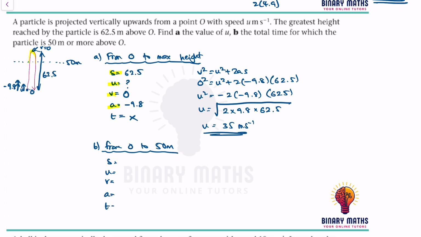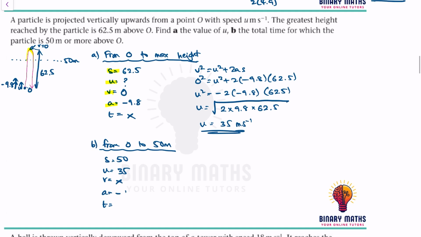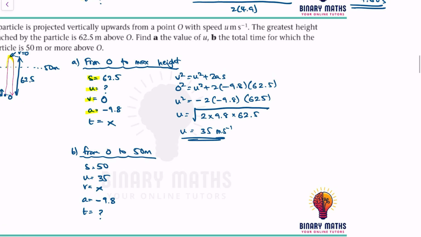So the displacement will be 50. The initial speed I know now, which is 35. I don't know the final speed when it reaches 50. I know acceleration is minus 9.8. I'm trying to find the time that it takes to get to 50. So what I do have in front of me is S, U, A, and T.